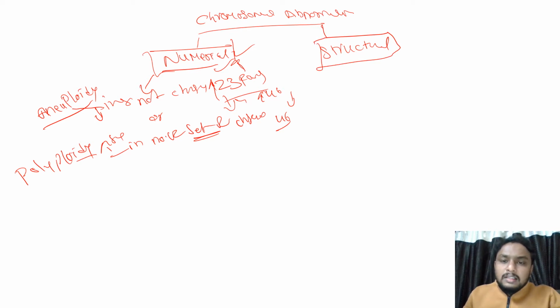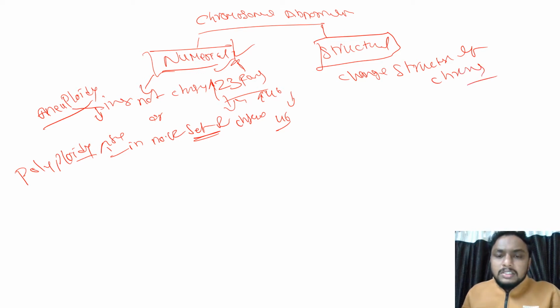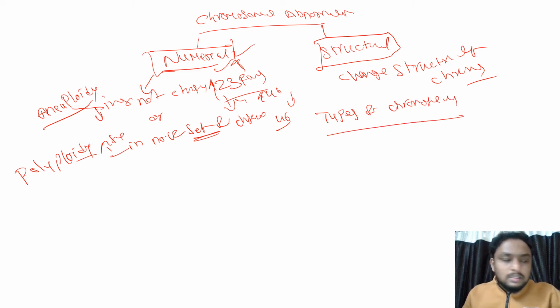In these, there is a change in the structure of the chromosome. Before moving to the structural abnormalities, first of all we need to know the types of chromosomes and the structure of a chromosome. If you see this chromosome, my drawing is very poor.